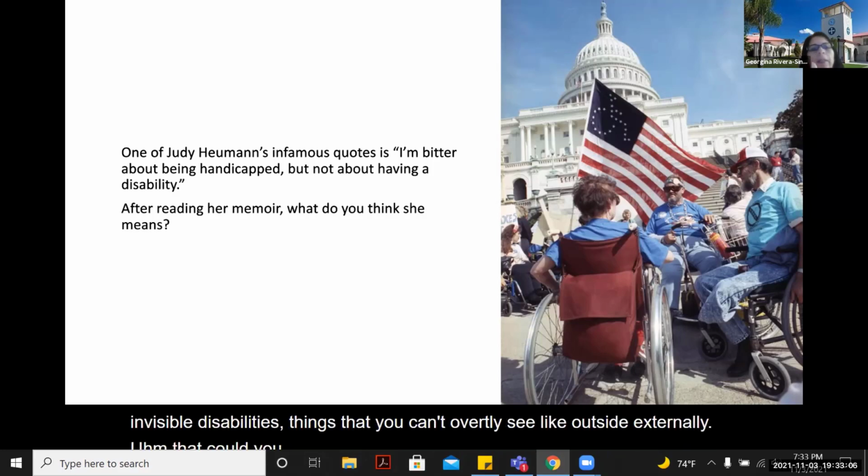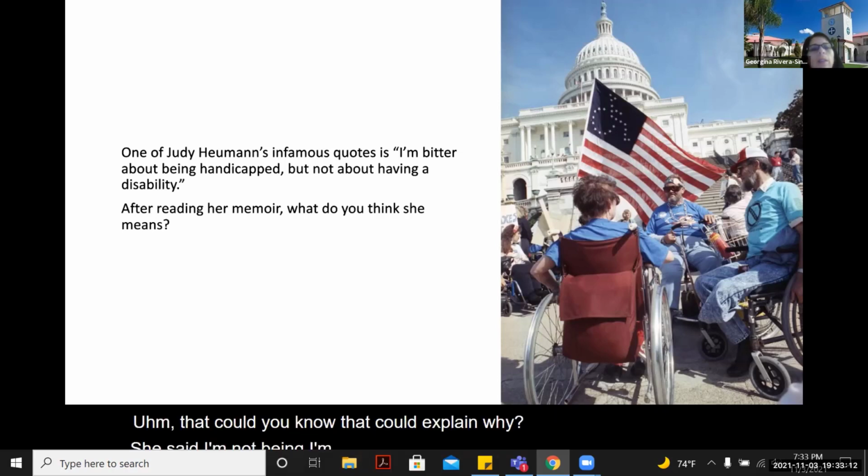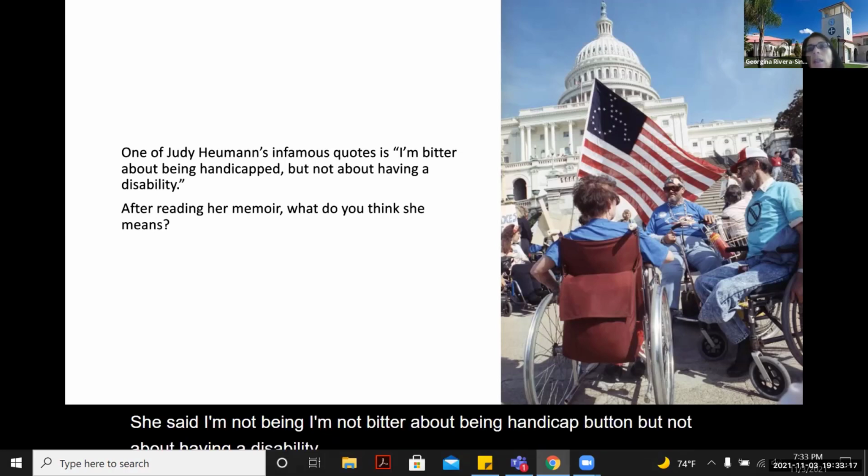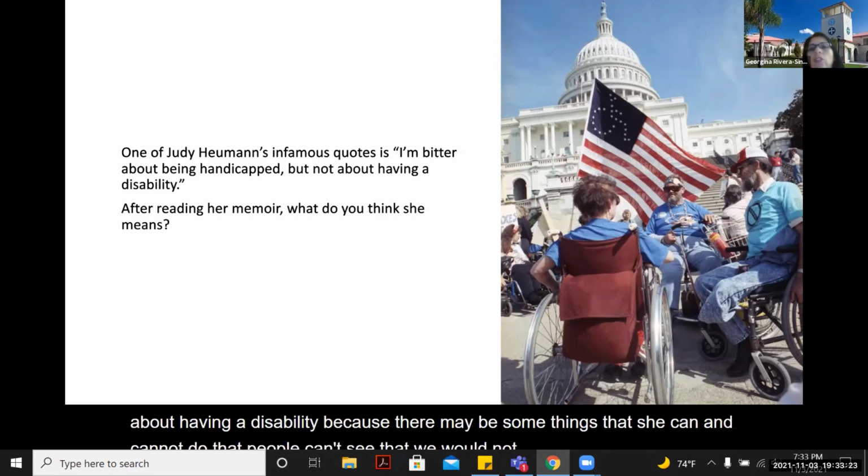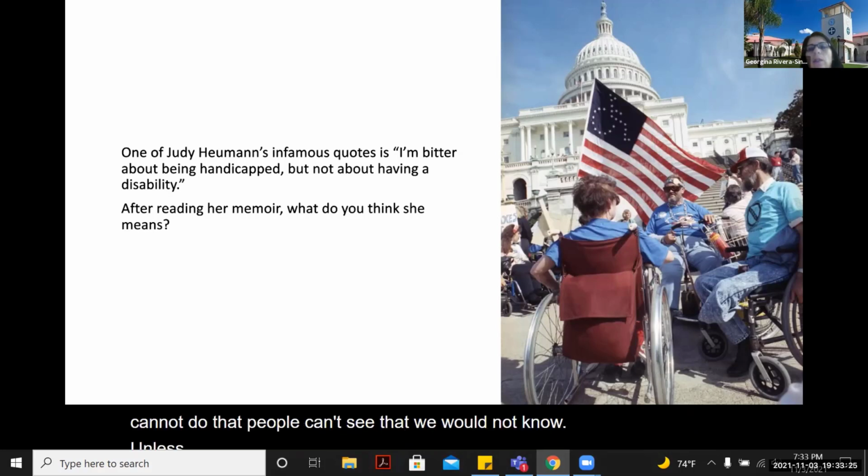That could explain why she said, I'm bitter about being handicapped, but not about having a disability, because there may be some things that she can and cannot do that people can't see, that we would not know unless she shared that with us.